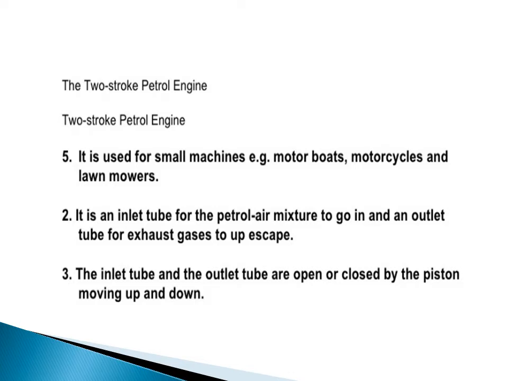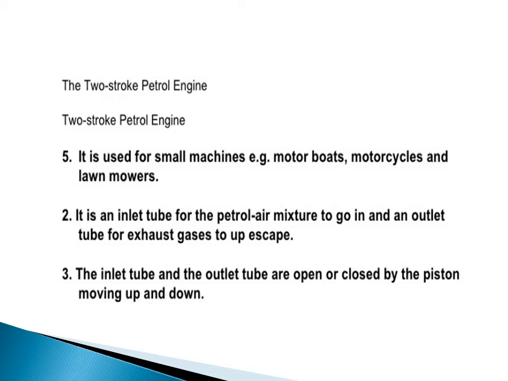So now we go to the 2-stroke petrol engine. It is used for small machines such as motorboats, motorcycles, and lawnmowers. It has an inlet tube for the petrol-air mixture to go in, and an outlet tube for exhaust gases to escape.